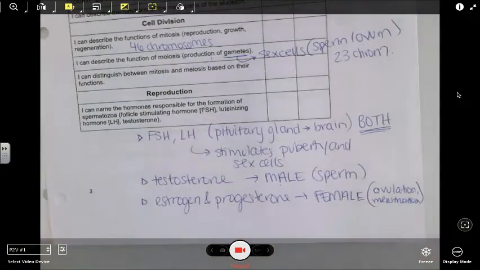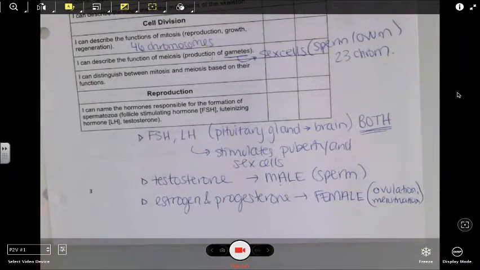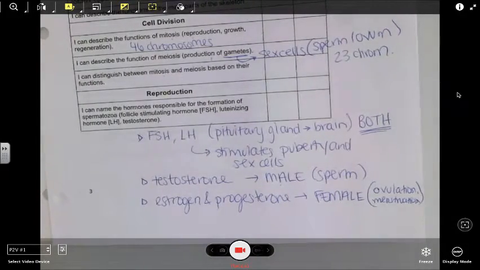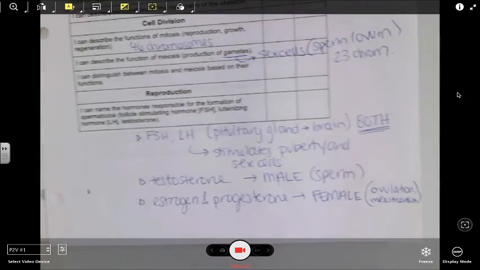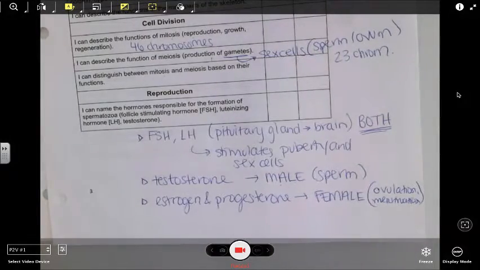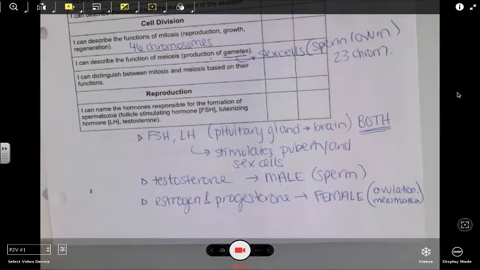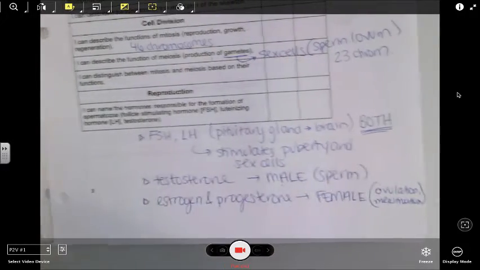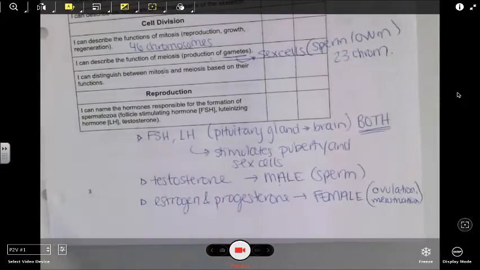The right side of your heart pumps blood to your lungs. The reason it has to go to your lungs is to get rid of carbon dioxide and pick up oxygen. Otherwise, you would just be circulating more carbon dioxide back into your body.